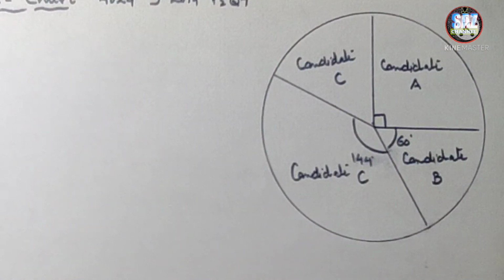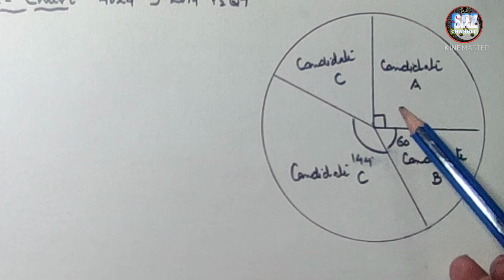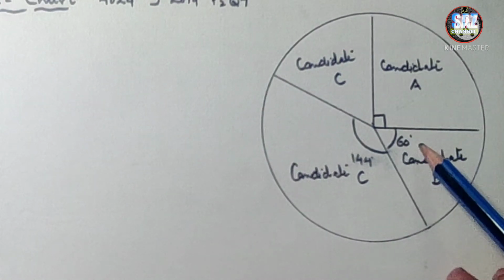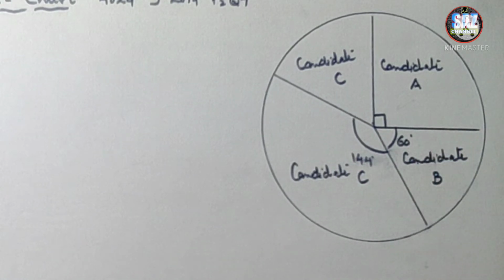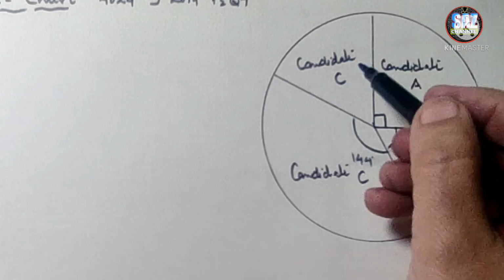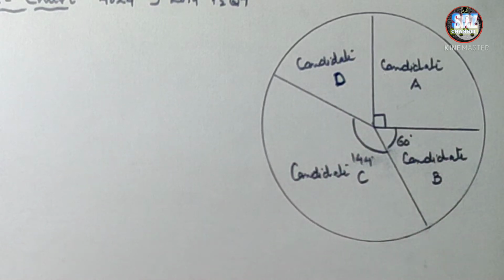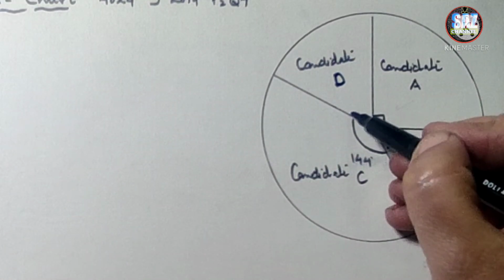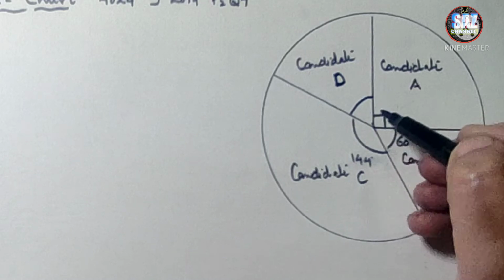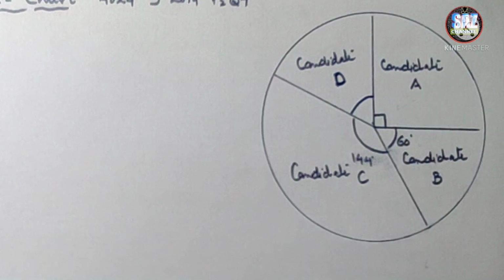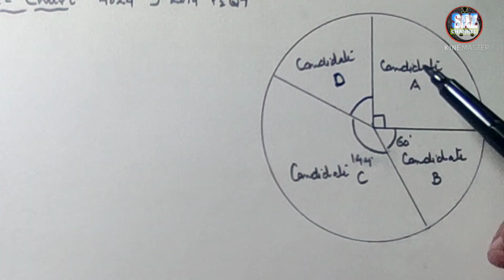If we look at the diagram, we can see that we are given the angle of candidate A, angle for candidate B, and angle for candidate C, but the angle for candidate D is not given. I always advise my students that for all types of geometric questions, if we can do small calculations, small workings, without moving to the solution of the question, we can do that.